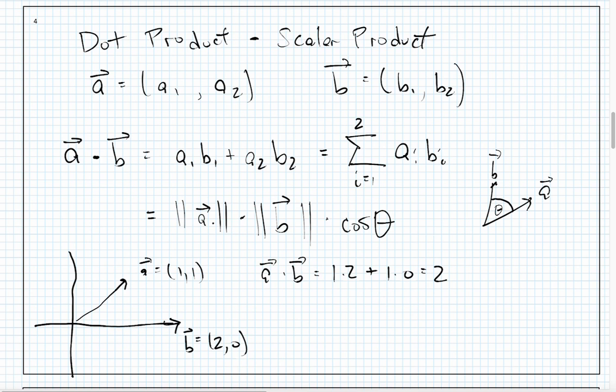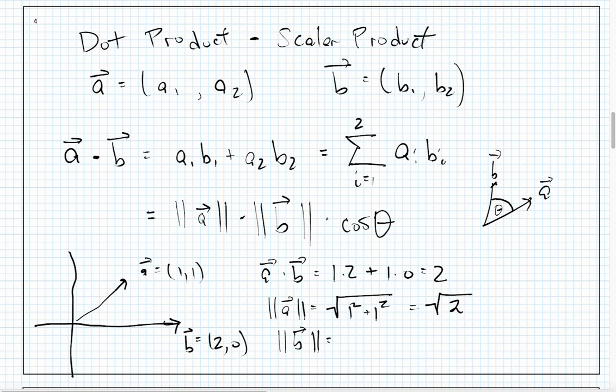Okay? In the second situation, let's calculate the magnitude of A. So the length of A is equal to radical 2. And if I calculate the length of B, well, that's easy.